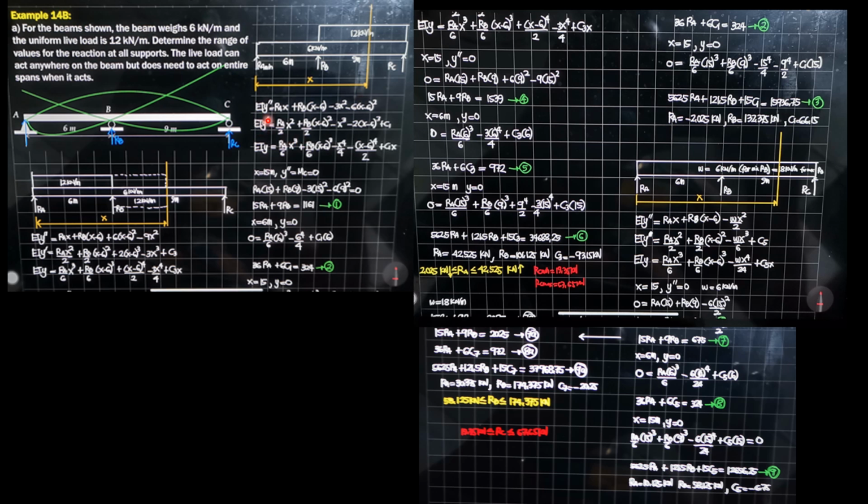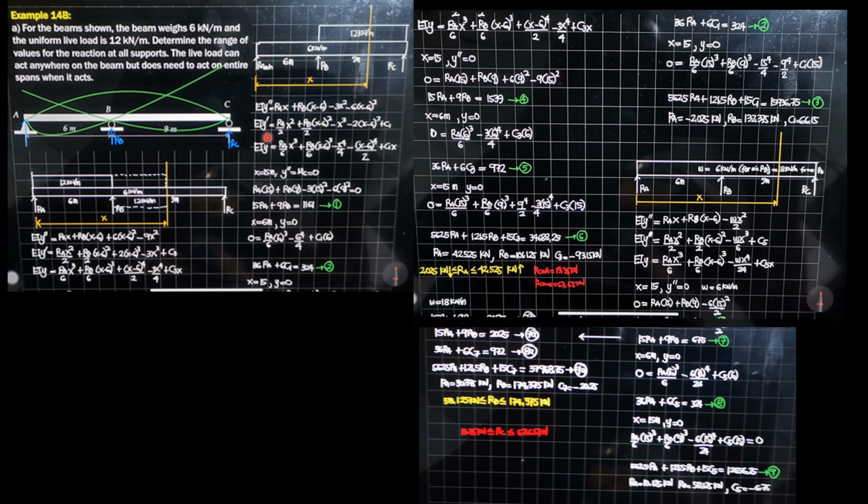So EI y double prime, remember this is moment, equals RA times x plus RB times quantity x minus 6, then minus 6 times x over 2, or minus 3x squared, then minus 12 times quantity x minus 6 times (x minus 6) over 2, and that is minus 6 quantity x minus 6 squared.